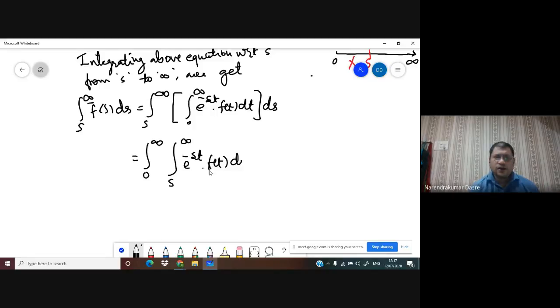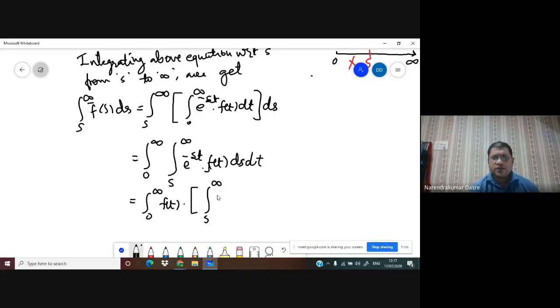Now, the order is decided by the limits. Here, the s to infinity or variable limits are of s, and the constant limits are of t. So first we have to integrate with respect to s, and then with respect to t. While integrating with respect to s, f of t does not contain any s, so we take it outside.